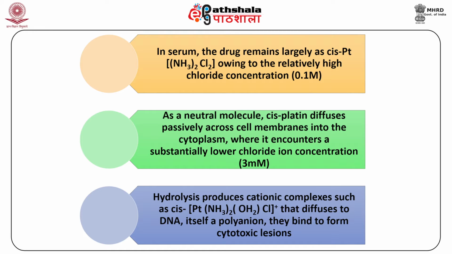As a neutral molecule, cisplatin diffuses passively across cell membranes into the cytoplasm, where it encounters a substantially lower chloride ion concentration. Hydrolysis produces cationic complexes that diffuse to DNA, itself a polyanion. They bind to form cytotoxic lesions.